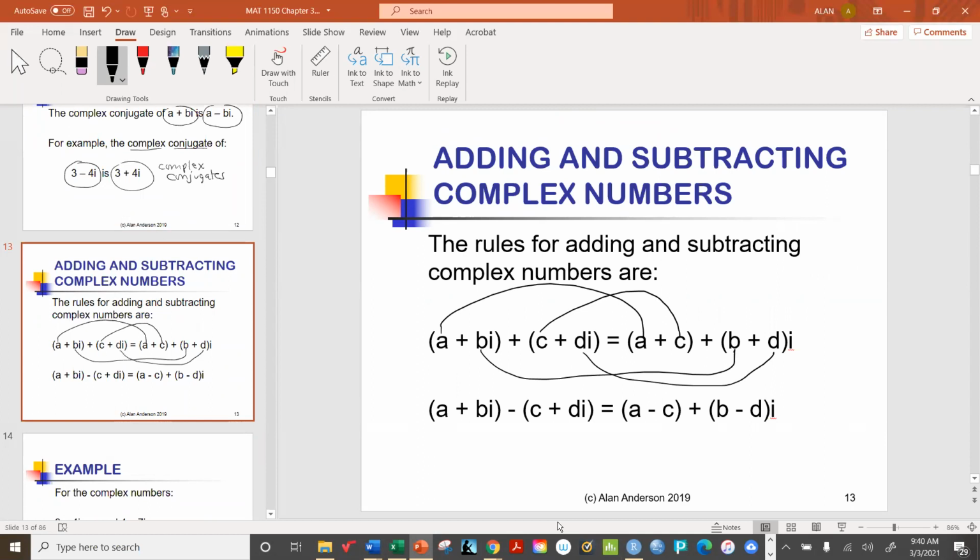And the same thing holds with subtraction. Okay. Now that looks very bizarre and abstract, but let's look at a couple of actual examples and you'll see that it's not hard at all.